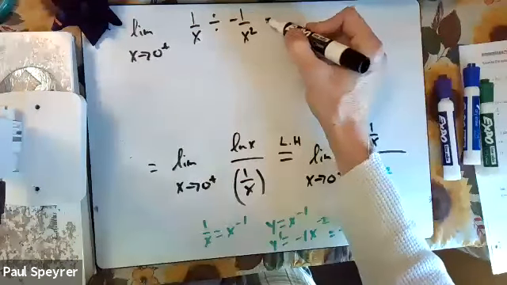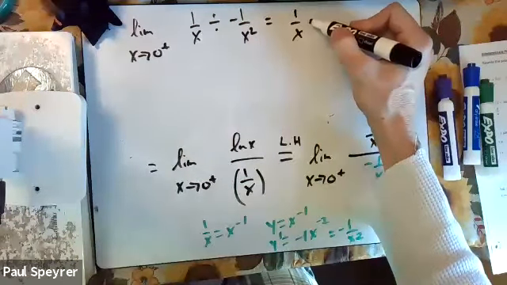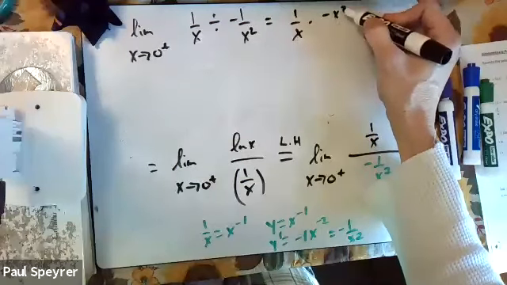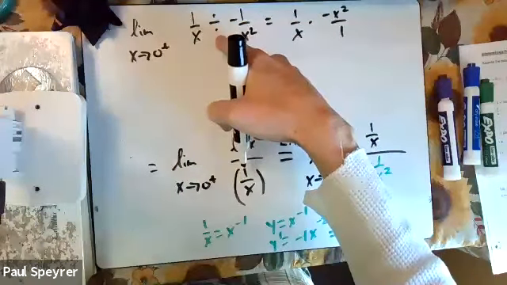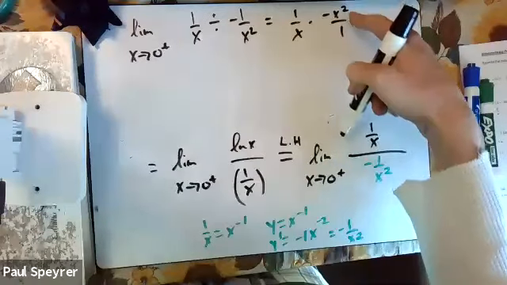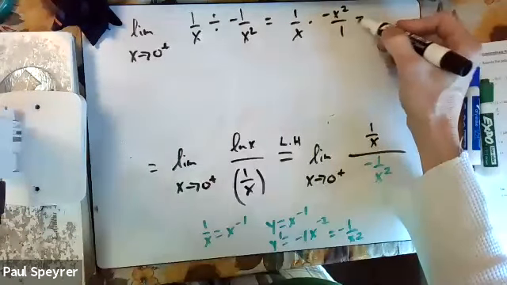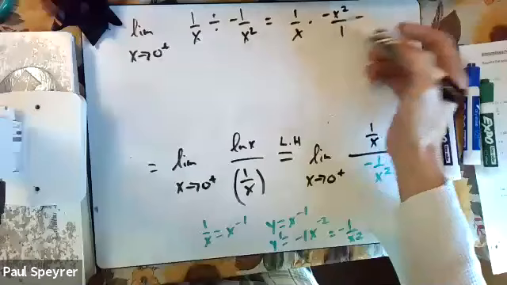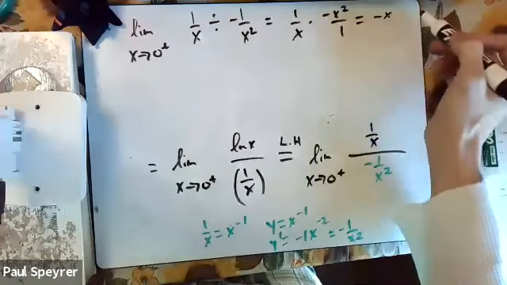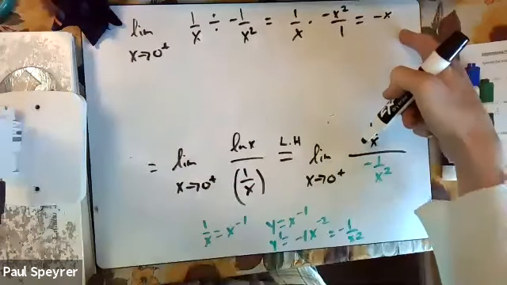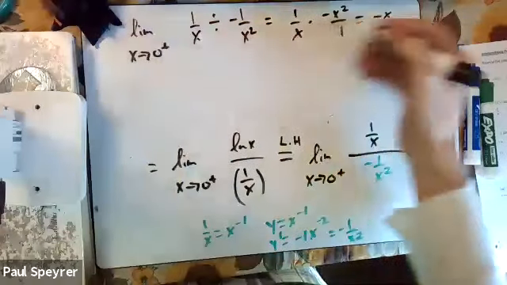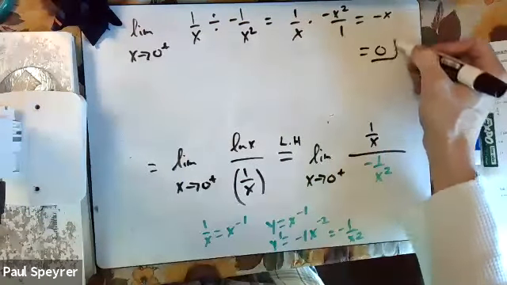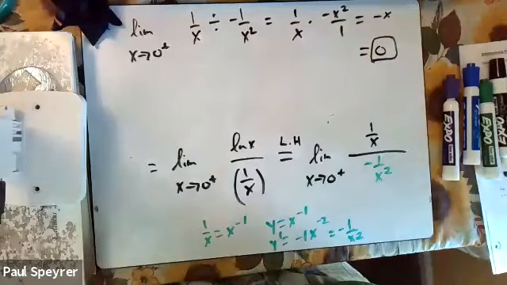How do you work this out? This is 1 over x times negative x squared over 1. You change the division to multiplication, and you flip the right-hand side. We can reduce this partially, and it reduces to just negative x. Now, if I plug 0 in, do we have an issue? No, it's just equal to 0.